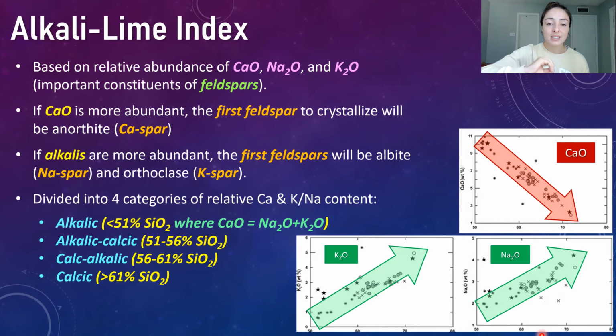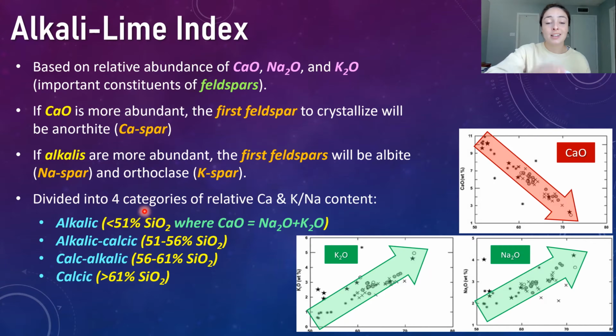So this silica percentage value on the x-axis, where the calcium and sodium and potassium or alkali curves intersect, which can be done if we just plot those dots on top of each other, is thought to be the silica content percentage that will then help you identify which of these four categories your end product rock fits into in the alkali-lime index.